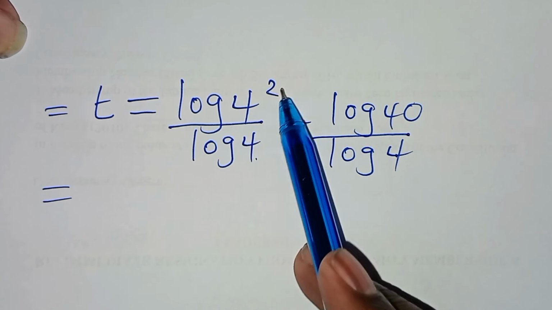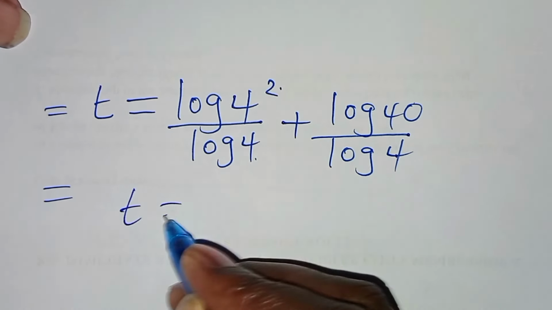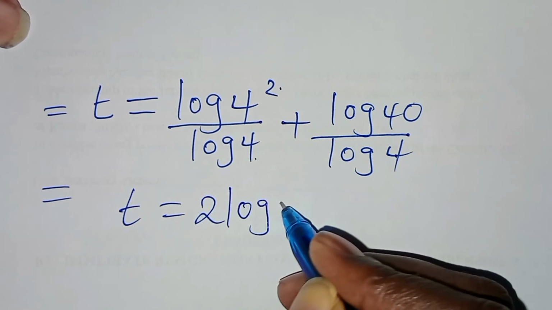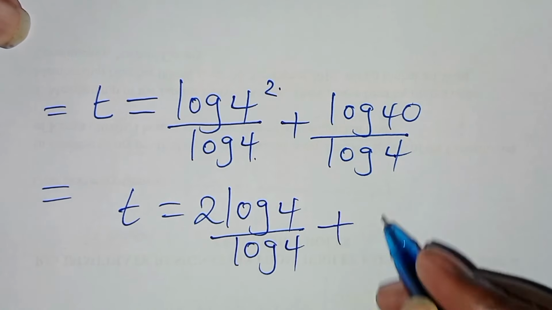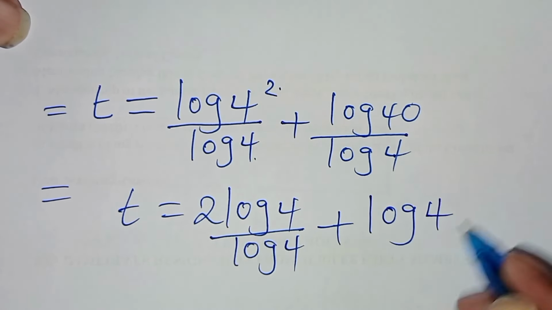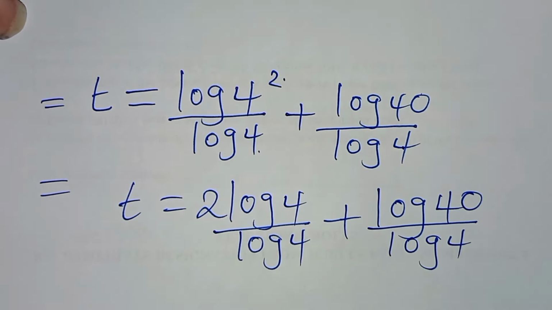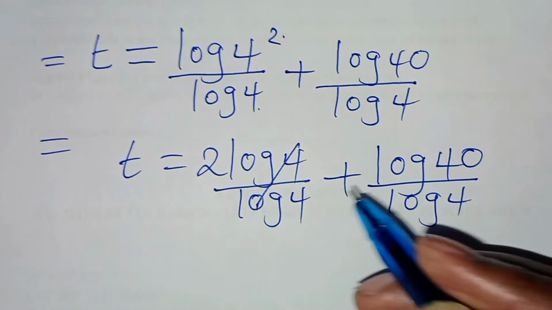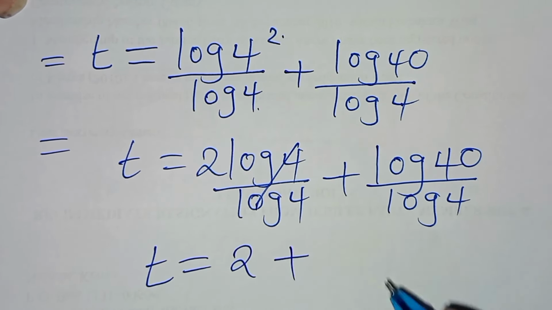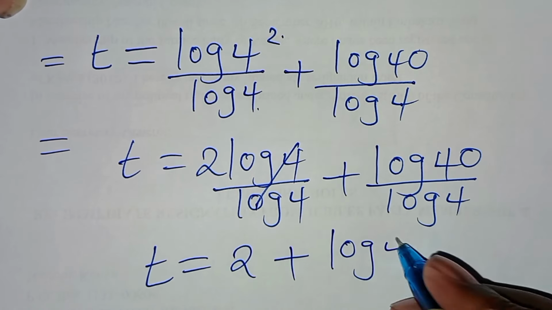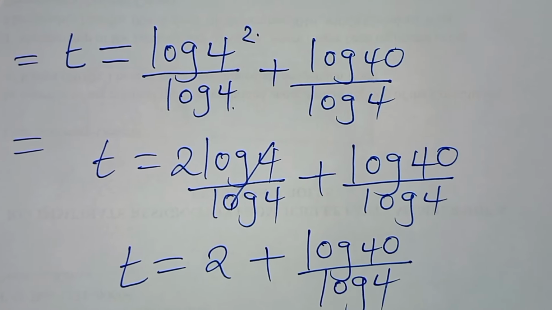Applying the power rule property, log 4 to power 2 becomes 2 log 4 divided by log 4 plus log 40 divided by log 4. So let's simplify here, log 4 and log 4, so that we'll have t equal to 2 plus log 40 divided by log 4.